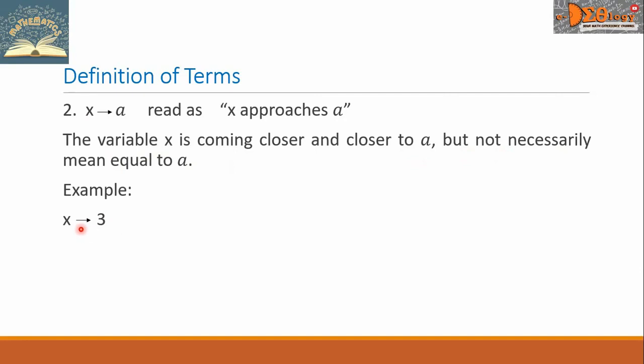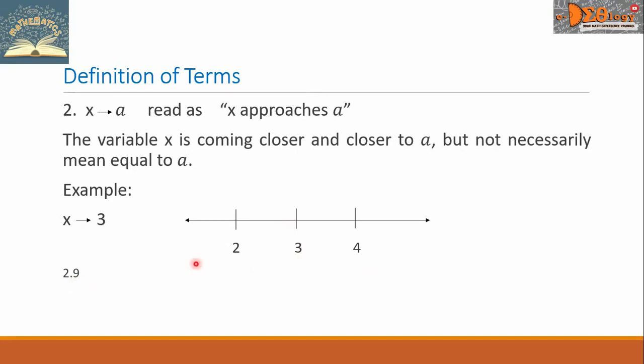Example, x approaches 3. Let us draw a number line and identify the location of the number 3. And here it is. Now, let us consider those numbers that are coming closer and closer to 3. I'm not referring to the numbers 2 and 4, but those numbers that are really close to number 3. I'll put one example. 2.9.